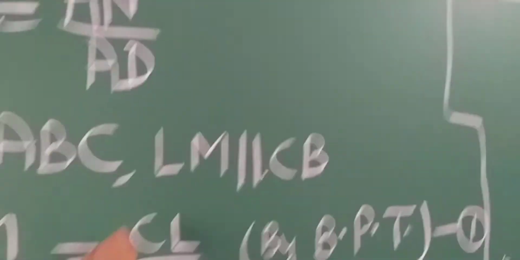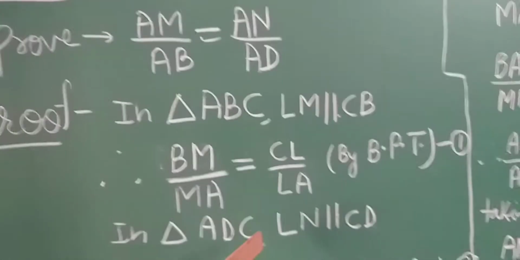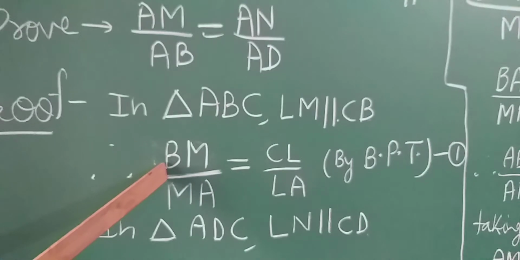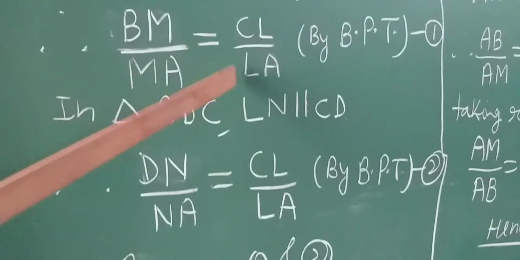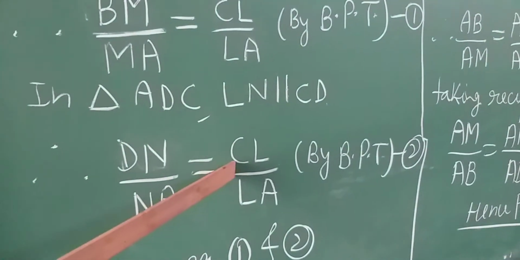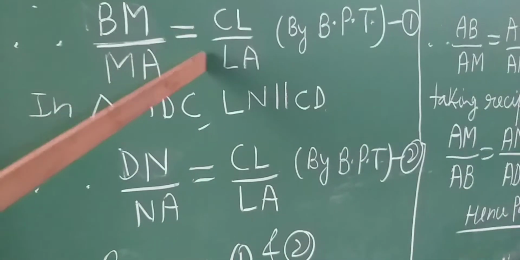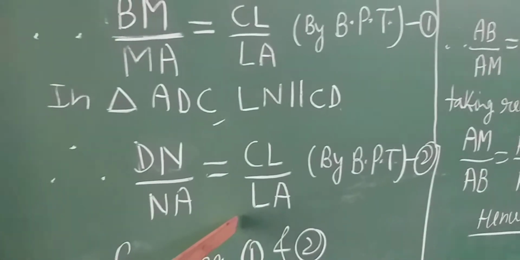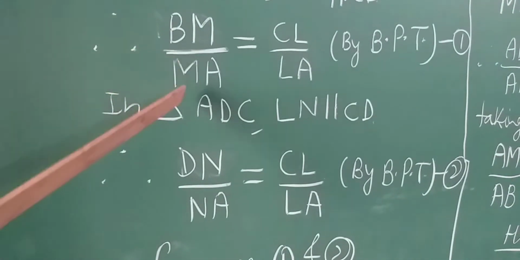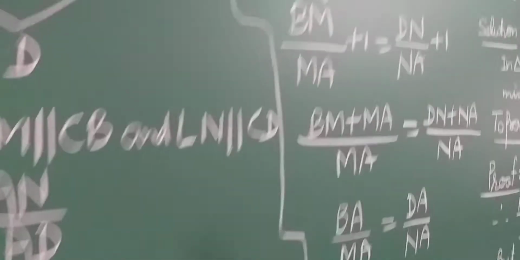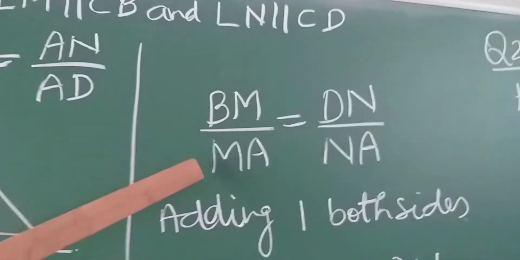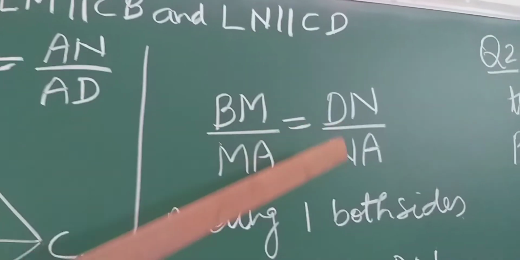Now, students, from first and second equation you can see CL upon LA both are same. So we can write BM upon MA equals DN upon NA. So I have written here BM upon MA equals DN upon NA.